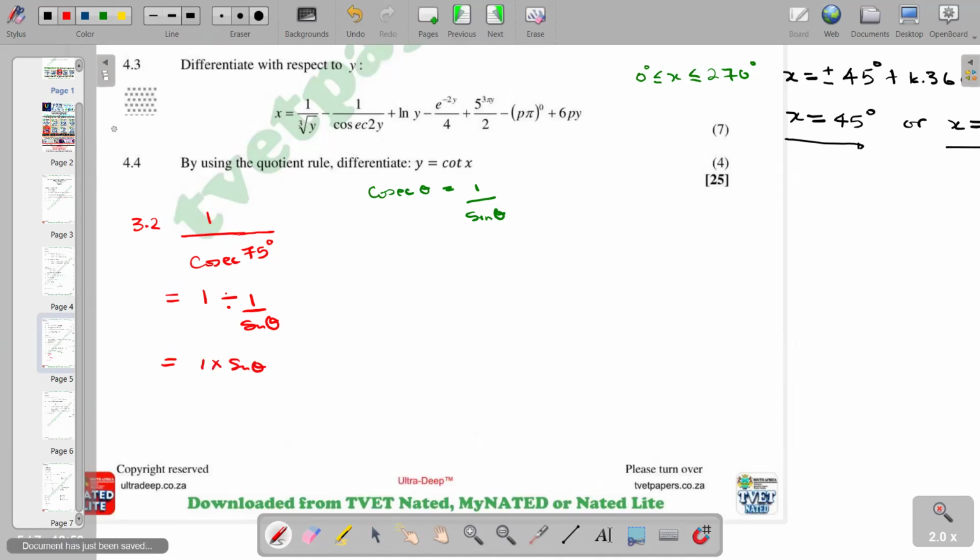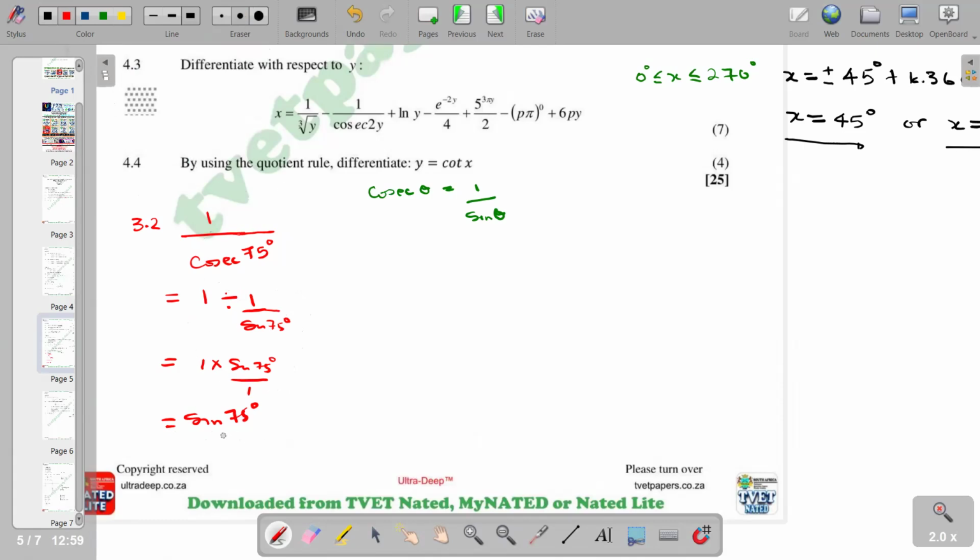Take note, our theta, the angle, is 75 degrees. So here it's sine 75 degrees over 1, which is equal to sine 75 degrees.